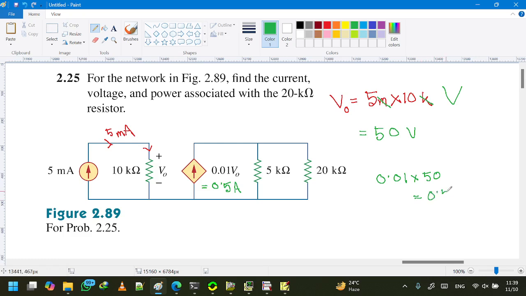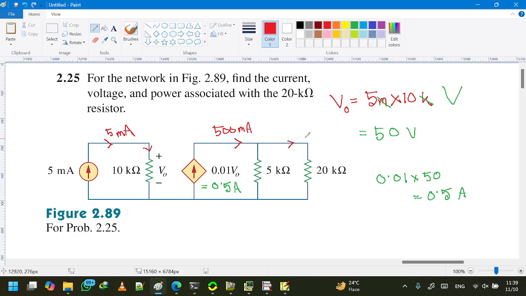So overall we have 0.5 ampere. This is what we have written over here. So right now the current flowing in this direction is 0.5 ampere, or in milliampere, 500 milliampere.